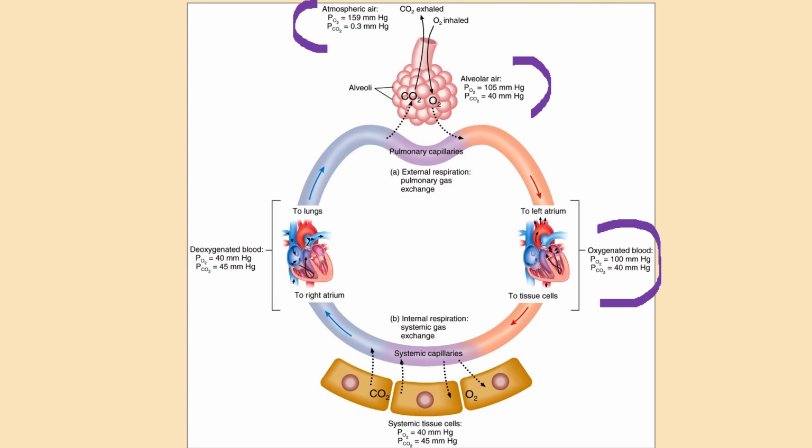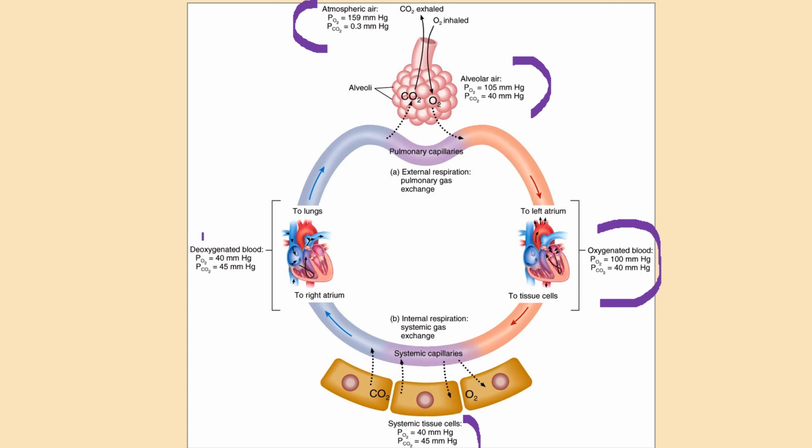What are the partial pressures of oxygen and carbon dioxide in oxygen-rich blood? And then that oxygen-rich blood is going to pass through a systemic tissue. What are the partial pressures of oxygen and carbon dioxide in the interstitial fluid surrounding those tissue cells?